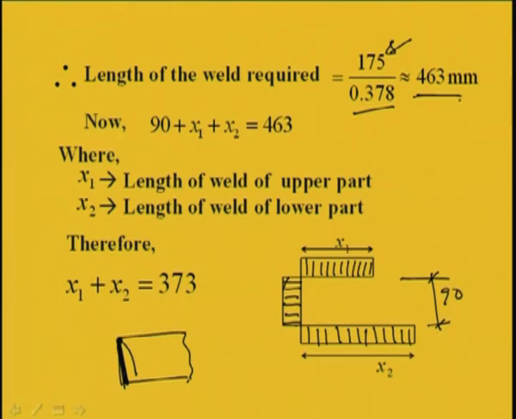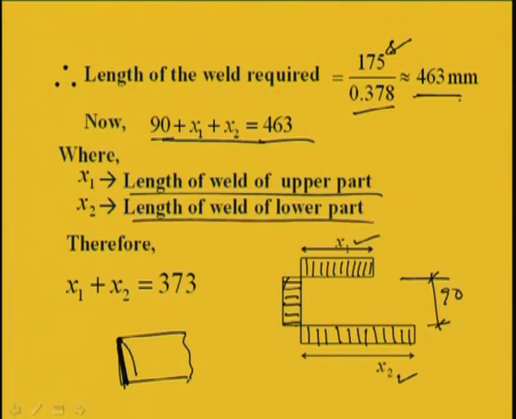So first 90, and if this is x1 and this is x2, then 90 plus x1 plus x2 will become 463 mm, where x1 is the length of weld of the upper part and x2 is the length of weld of the lower part. So x1 plus x2 will become 463 minus 90, which is equal to 373.